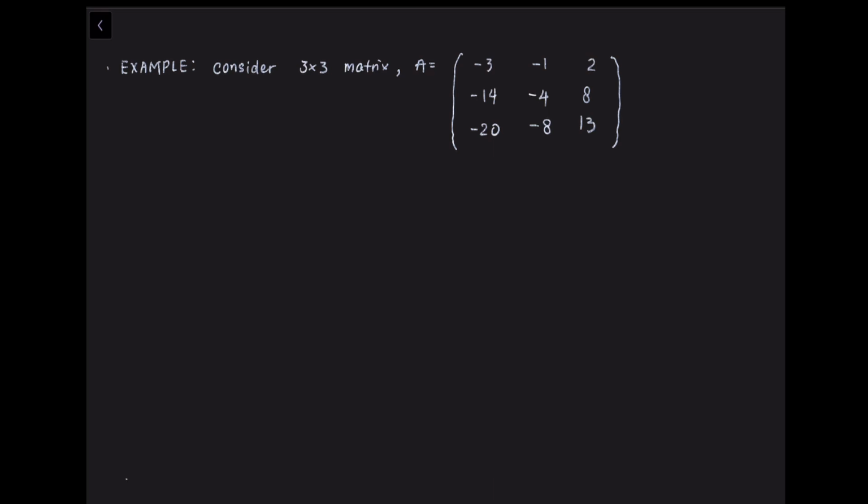Again, we wish to find x, where x is not 0, such that (A minus lambda I) times x equals 0. The characteristic equation yields the determinant of [-3 minus lambda, -14, -20; -1, -4 minus lambda, -8; 2, 8, 13 minus lambda] equals 0.